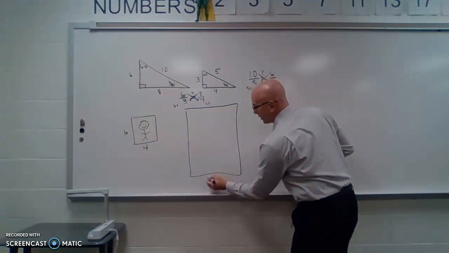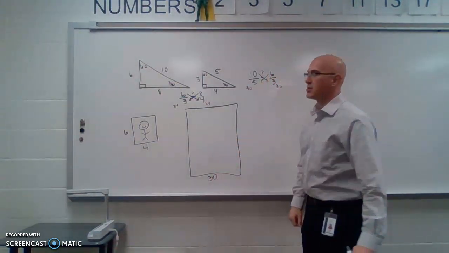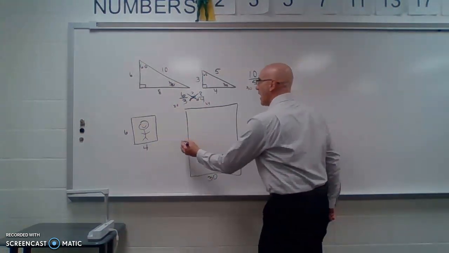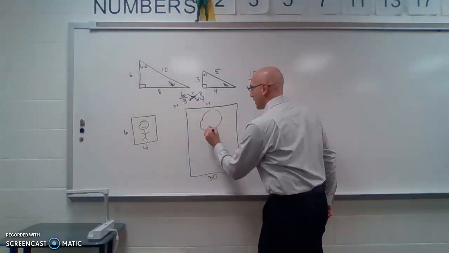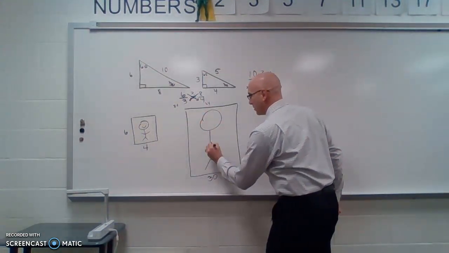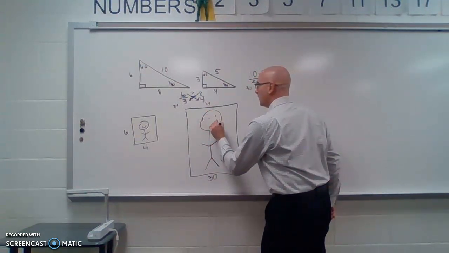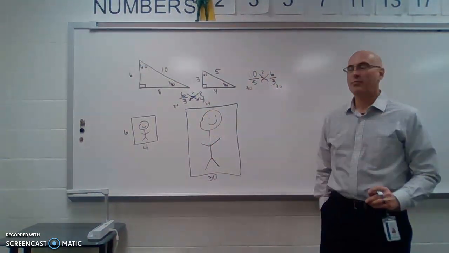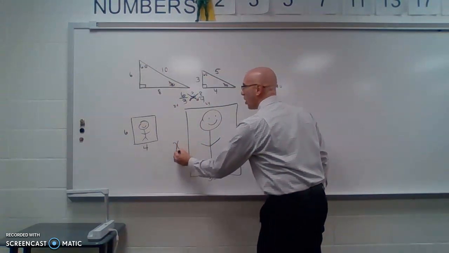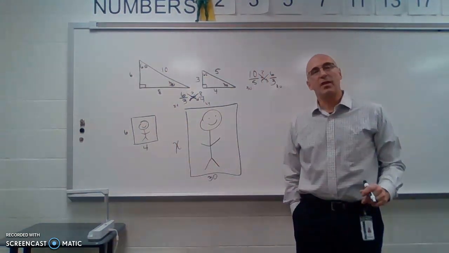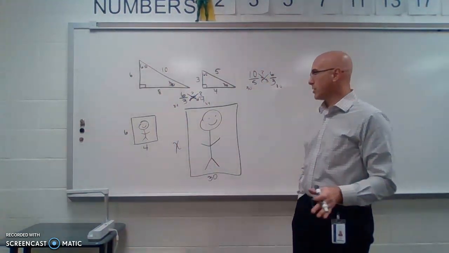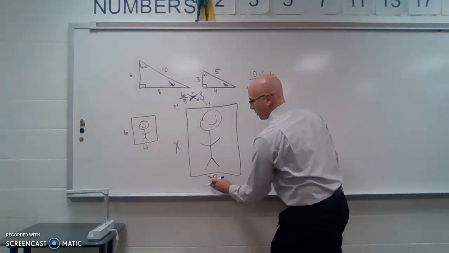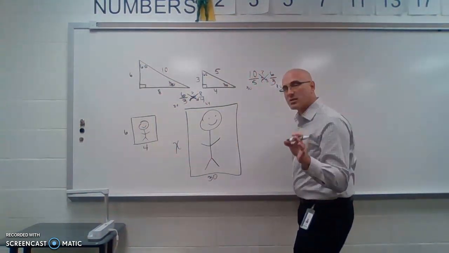If I know that I want it to be 30 inches wide, and I want this picture to be proportional, that's about as good as I can make it. How tall is this going to be? So what we have to do is set up our proportions. So I'm doing my corresponding sides. I know that it's going to be similar.